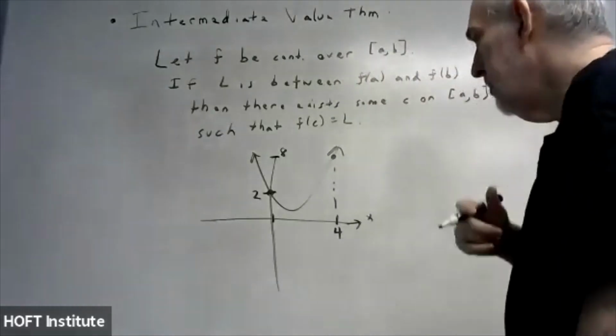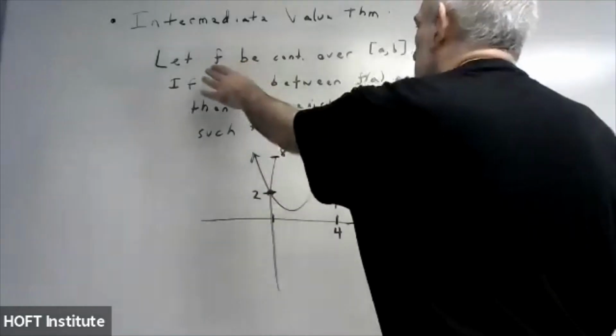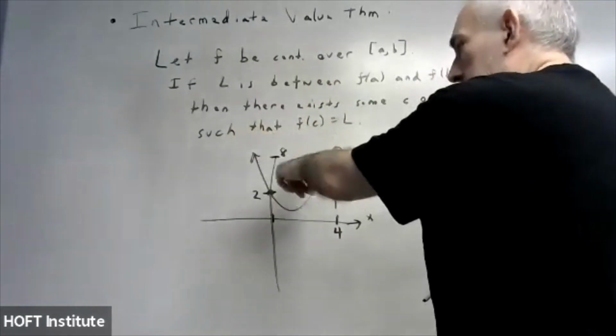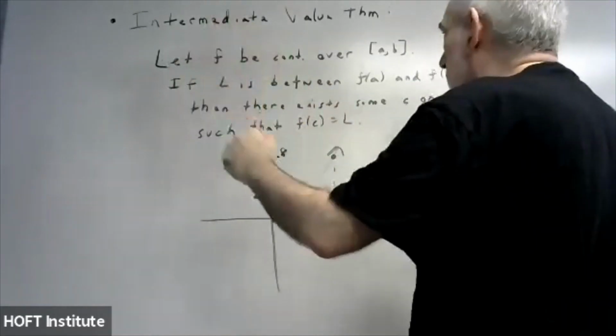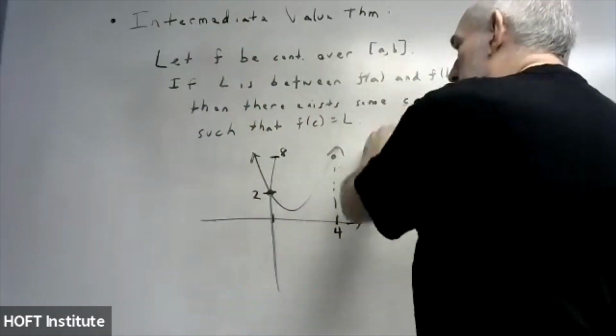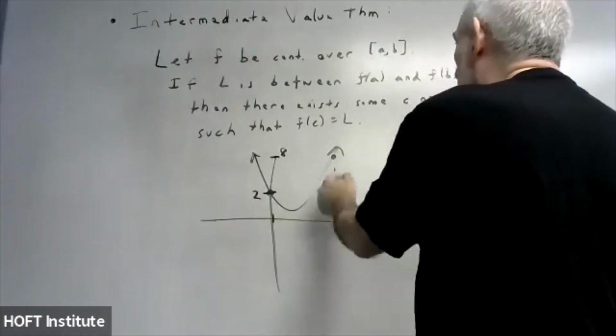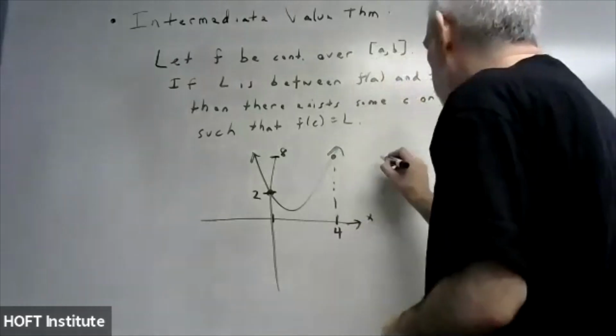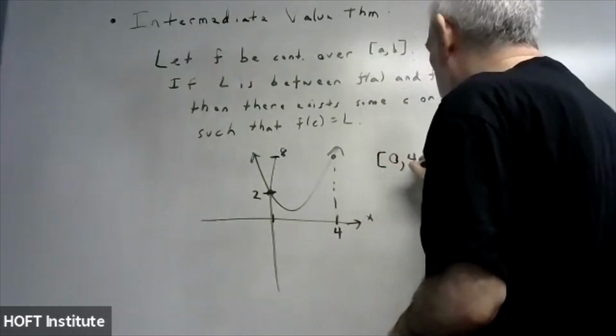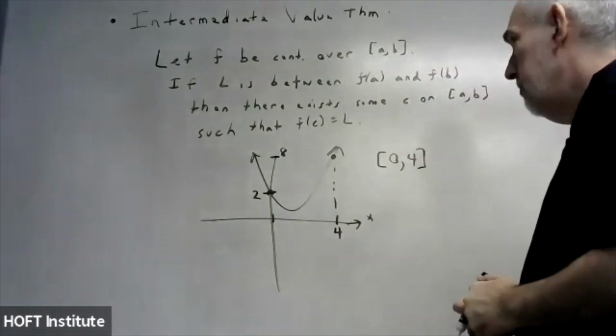Then, because my function is continuous, it's a parabola, it's smooth and unbroken, it's continuous everywhere, therefore it's continuous over the intervals 0 to 4. So A and B in this case would be 0 to 4. Okay?